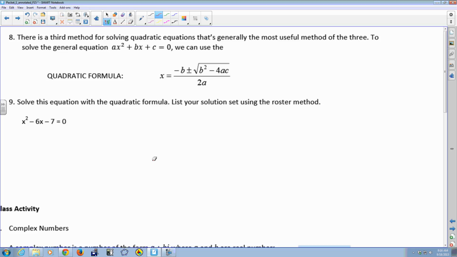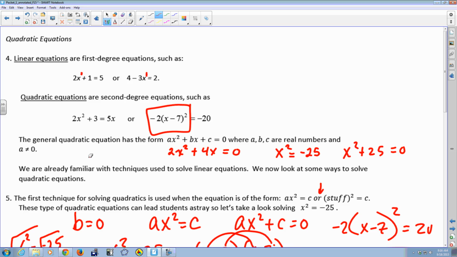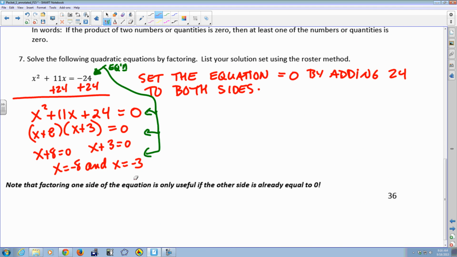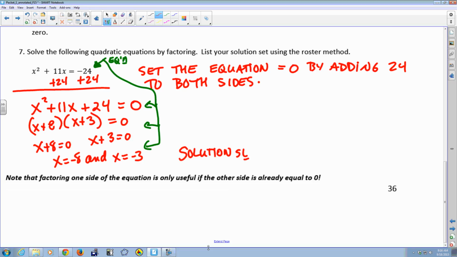And James asked this earlier, list your solution set using the roster method. So back here, when I did this equation right here, this is how we're used to writing it. But for my math lab, they want you to write a solution set. And I've mentioned this a couple of times. So when you write a solution set, they also want you to put the smaller number first.